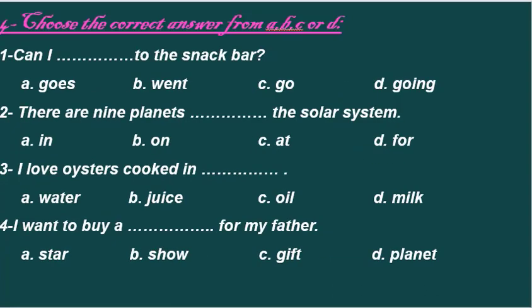Let's go for the next exercise. Choose the correct answer from A, B, C, or D. Number 1, can I space to the snack bar? So can I go? Number 2, there are 9 planets space the solar system.